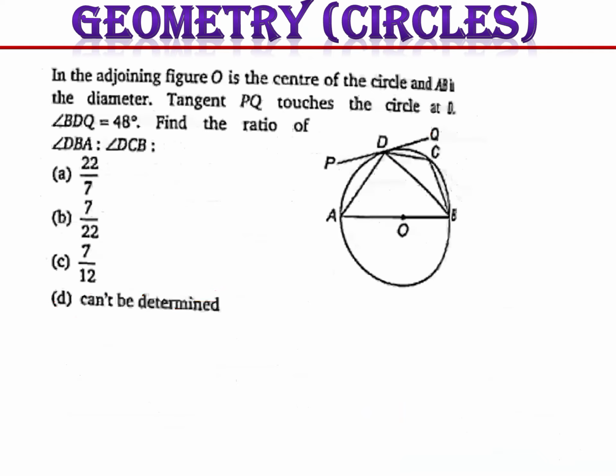So next you have another question. In the adjoining figure, O is the center of the circle and AB is the diameter. First of all, something that comes to mind is that this angle will be of measure 90 degrees. Why? Because angle in a semicircle is of measure 90 degrees. The tangent PQ touches the circle at the point D. Angle BDQ is 48 degrees.